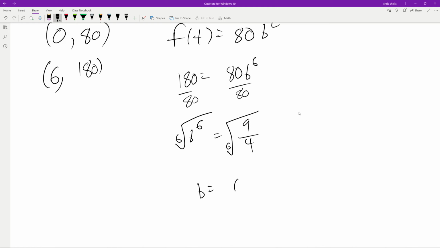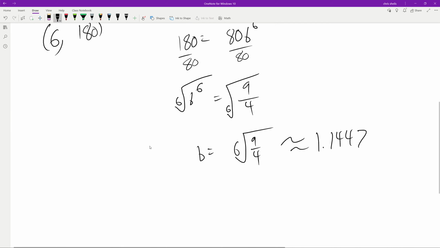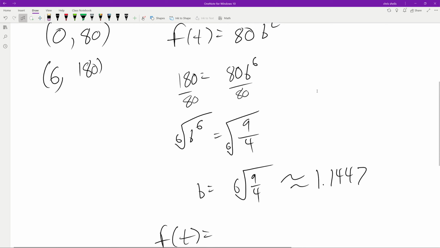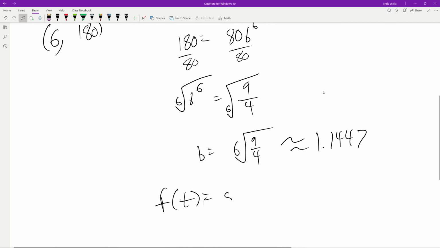This gives me that b is the 6th root of 9/4, which is about 1.1447. And this gives me that f of t is 80 times 1.1447 to the t power.